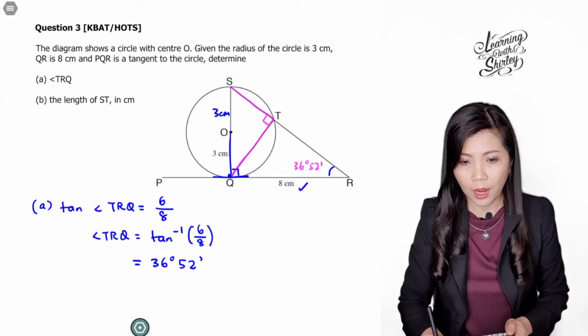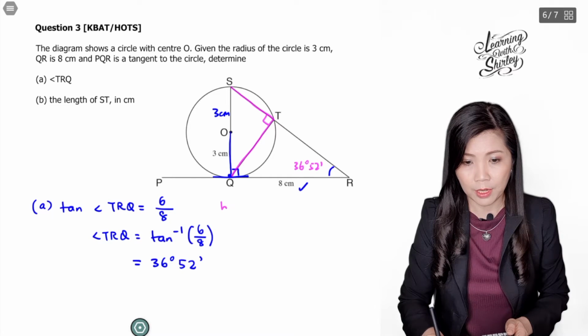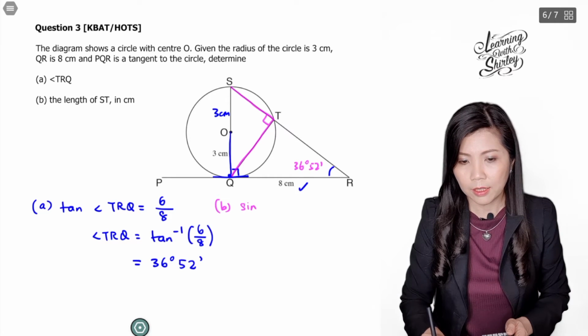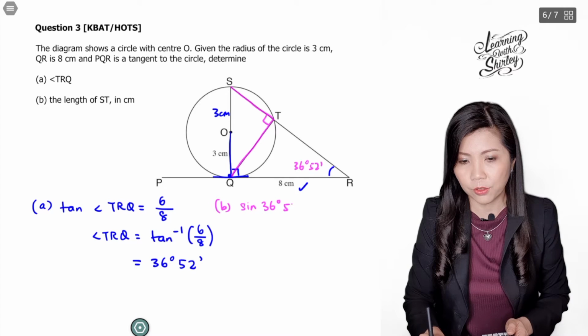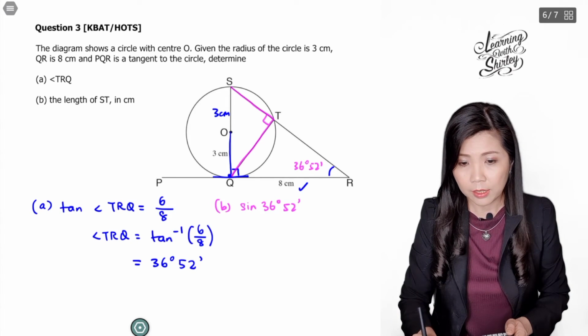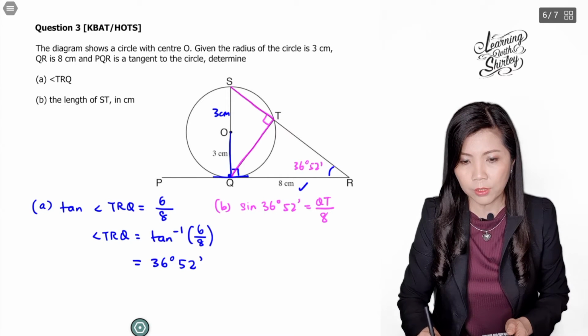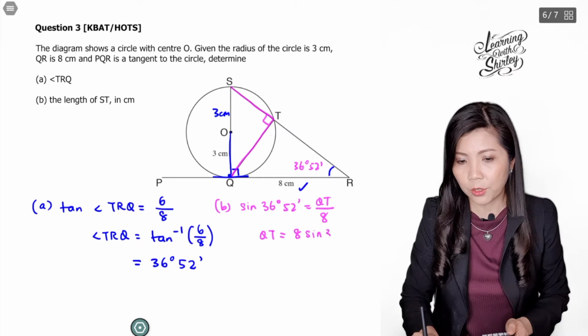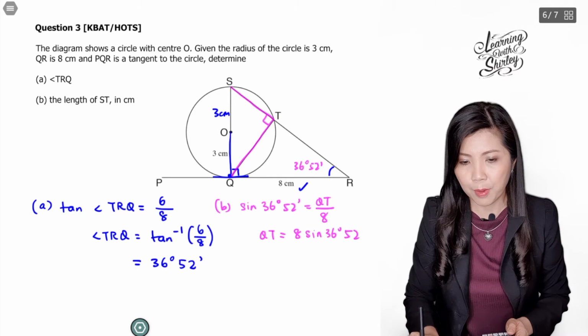To find the length of QT, I'm going to use sine. So sine 36 degrees 52 minutes is equals to QT over 8. So to find QT, I'm going to use 8 times sine 36 degrees and 52 minutes.